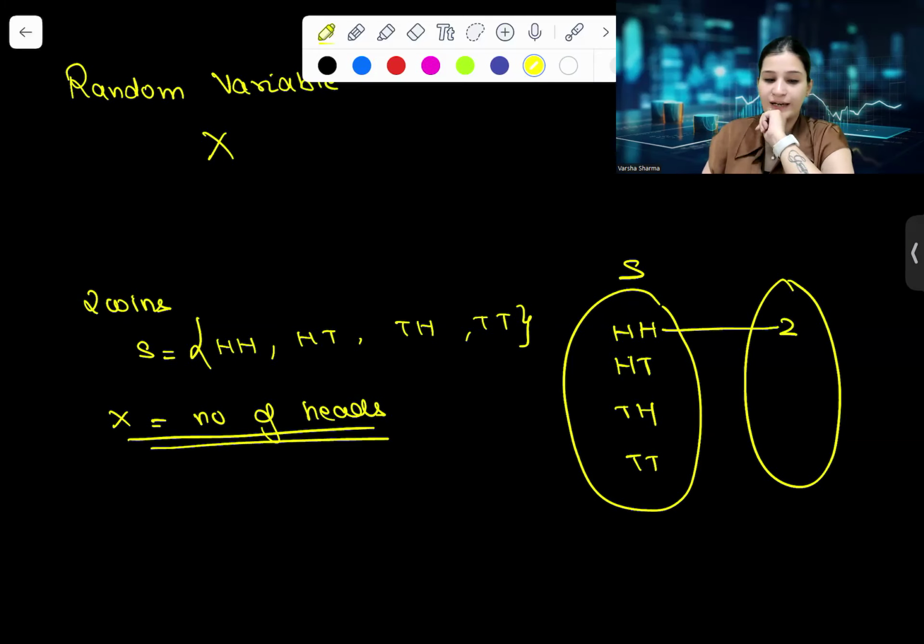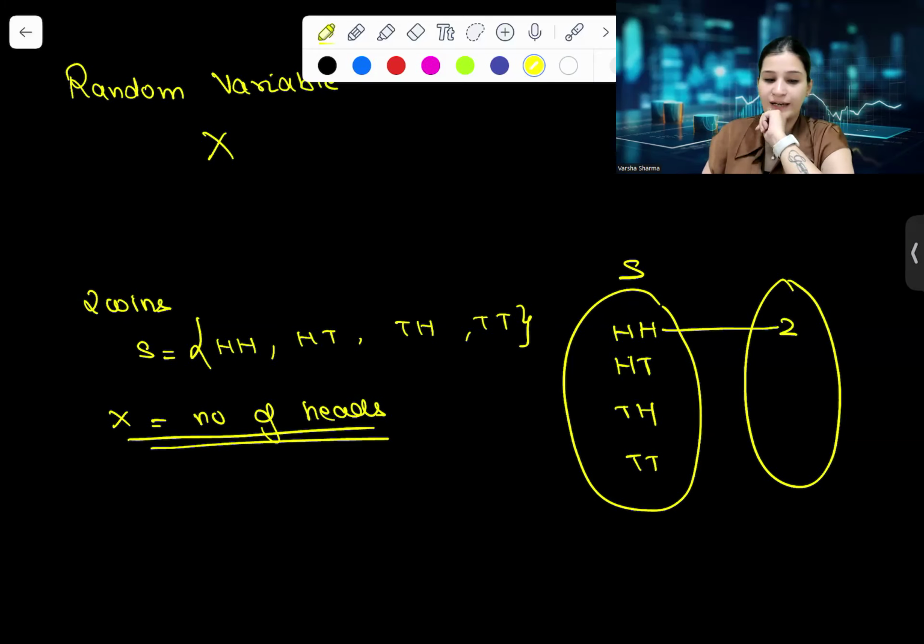Yes, ma'am. Now, all the concepts, mean, median, mode, that means central tendency ones, dispersion ones, standard deviation, everything is valid here.